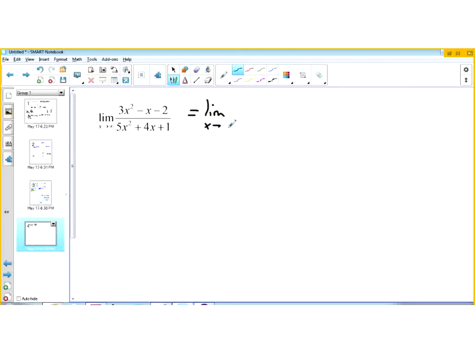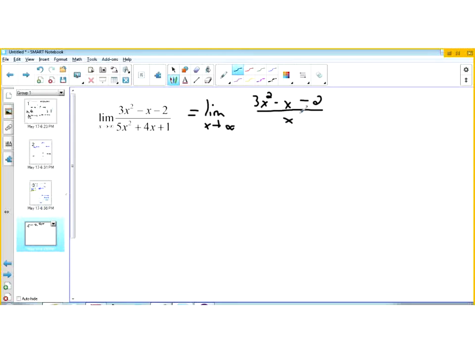So let's do that. Let's divide upstairs and downstairs by x squared. The reason why I want to do that is because I want to demonstrate the validity of the theorem that the limit as x approaches infinity of 1 over x to the r is equal to 0. And we're going to make use of that theorem right here.